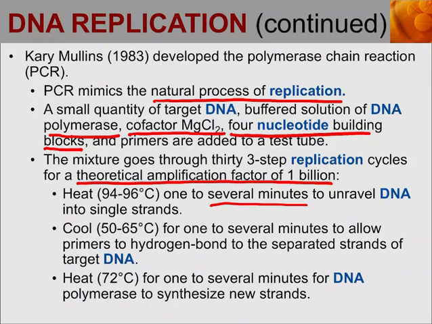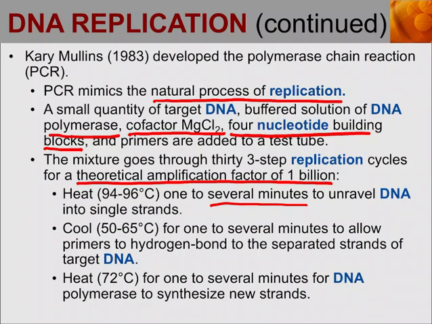So we're kind of creating those Okazaki fragments in a way. Then you heat again for several minutes, and DNA polymerase will synthesize those new strands. So you'll end up with multiple copies of the DNA.